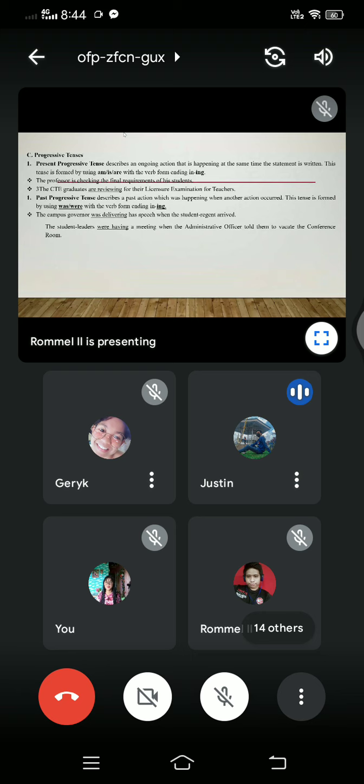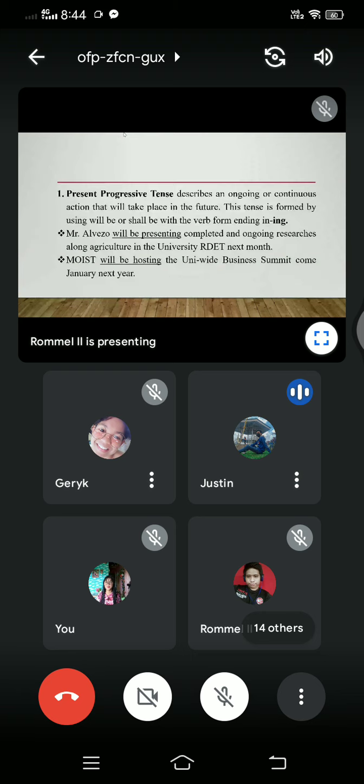The future progressive tense is formed by using will be with the verb form ending in ing. For example: Mr. Alviso will be presenting his completed ongoing research next month.